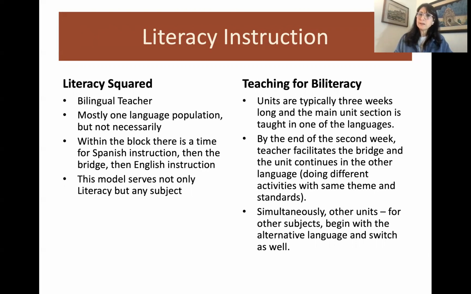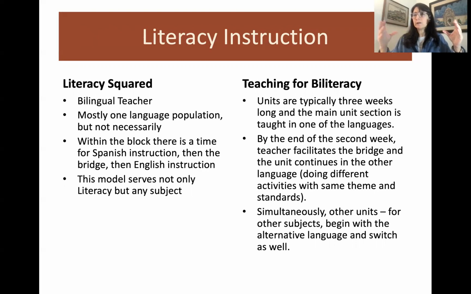The teaching for biliteracy is usually for two different populations with two different teachers in a 50-50 model, and they propose that you allocate the language within the unit, the big scope of the unit.